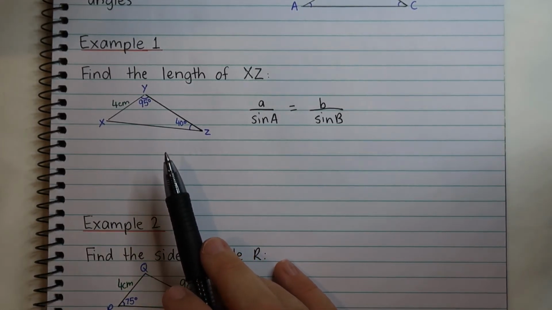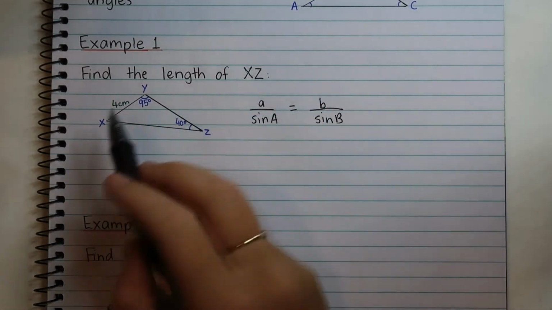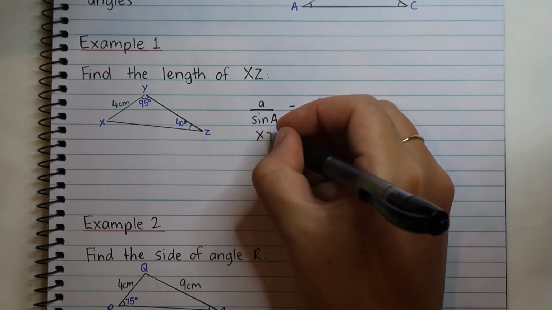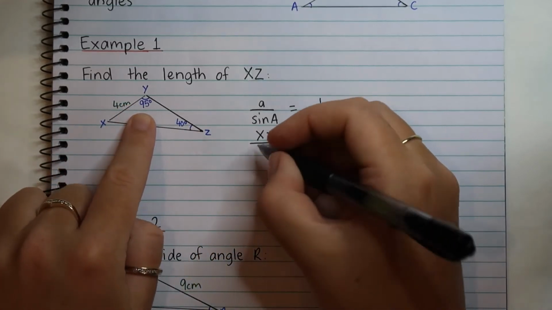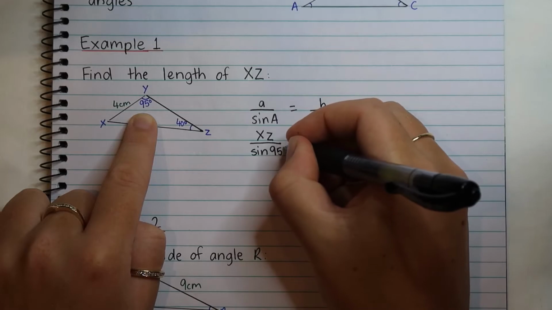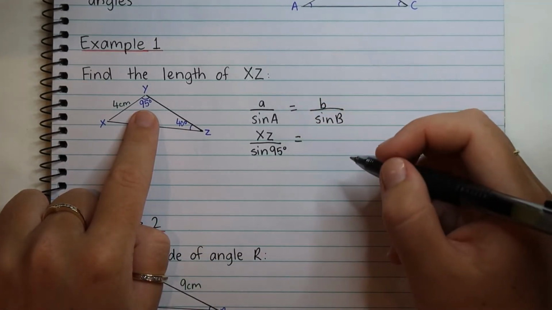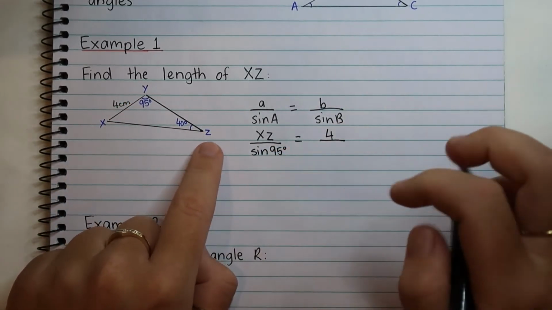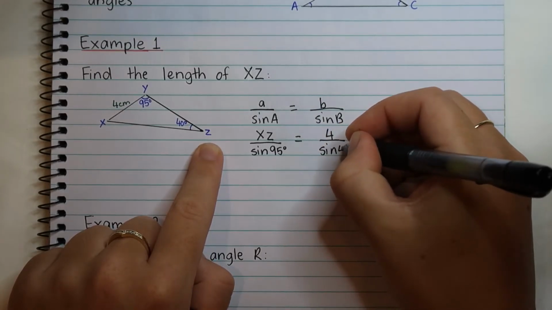So we're going to find A. So let's label A as xz. xz over, so our angle A is going to be 95. Then we have side B, which is 4, over our angle opposite to that side, which is 40 degrees.